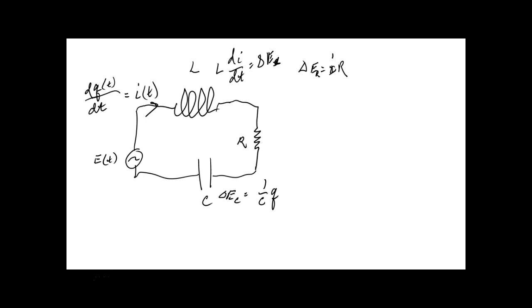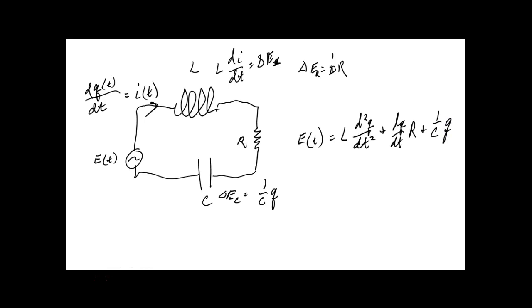So with those in mind, and the fact that I is dq dt, your total voltage drop in the system, which will be the total voltage supplied by the system, is equal to L times d2q dt squared, because you take the derivative of the derivative, plus dq dt, remember I is dq dt, times R, plus just 1 over C times Q. There's your differential equation.